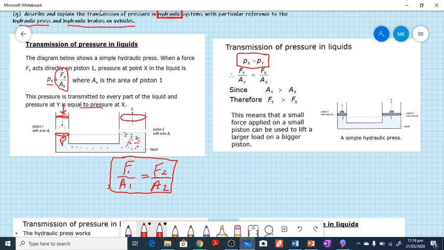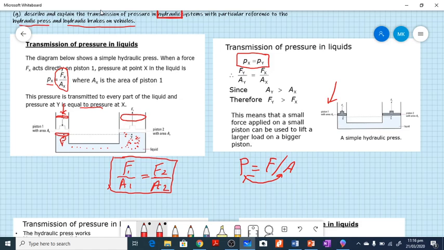Now, why do we apply force on the smaller area on the left side of the piston? Why do we always apply force on this side? The reason is that pressure is equal to force over area. In the previous video we learned that pressure and area are inversely proportional to each other. So the larger the area, the less pressure will be generated.